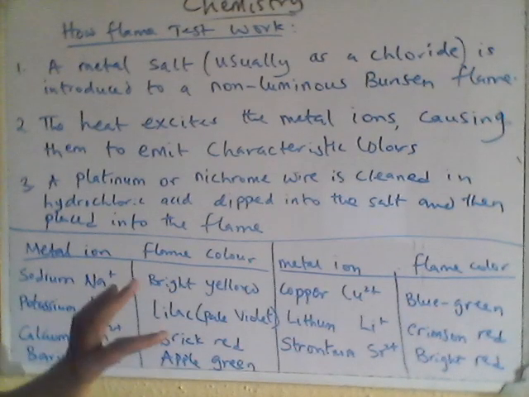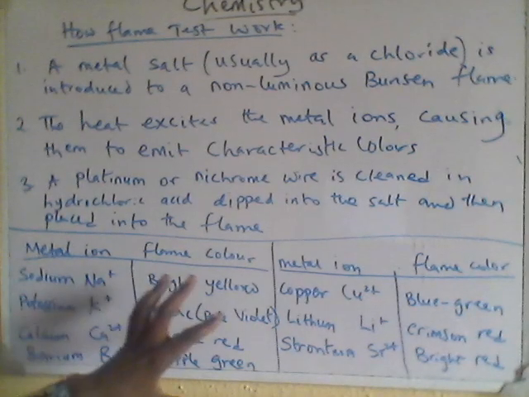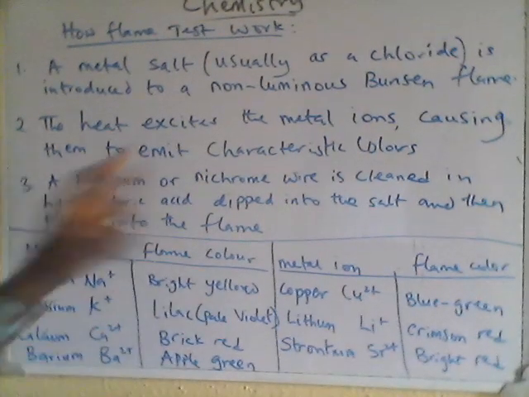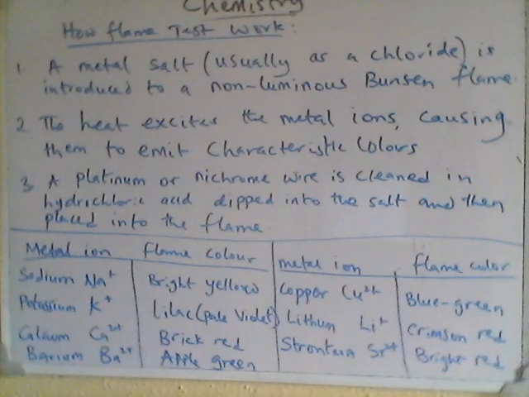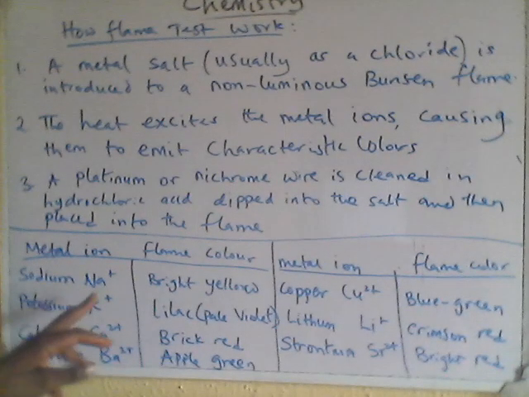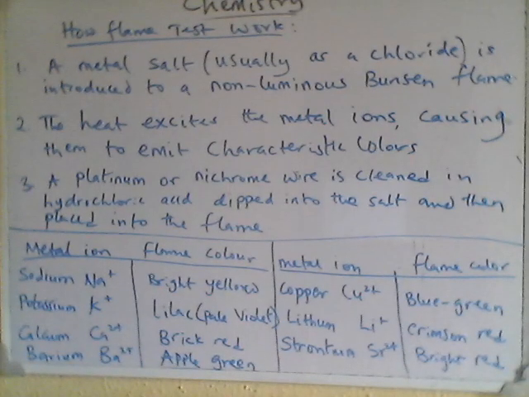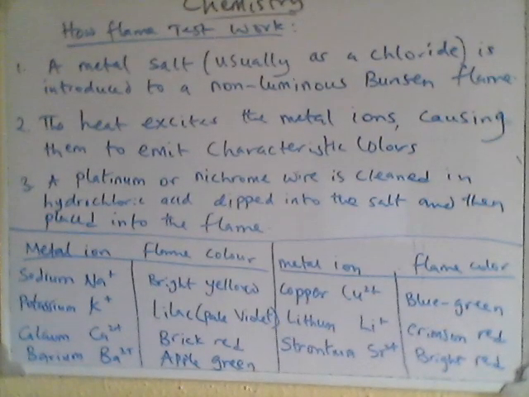So the goal is for you to recognize all these ions and the corresponding flame color that comes from the burning of the metal salt. So sodium ion emits bright yellow. When you see a bright yellow flame, that is the indication that sodium ion is present.